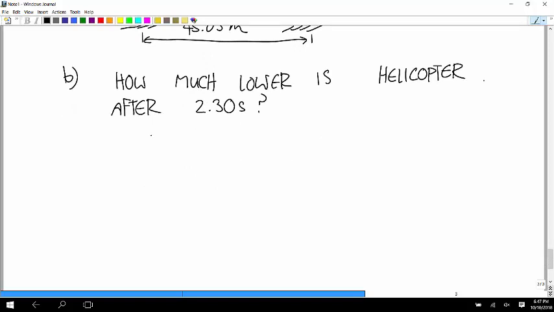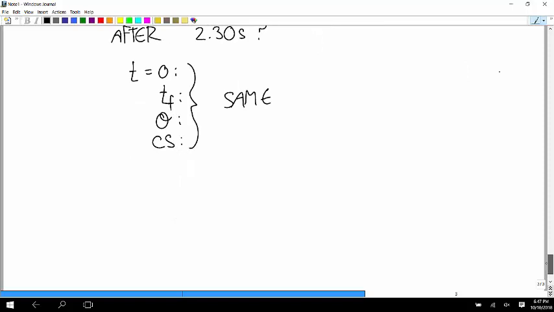Okay, well, for the time equals 0, the time final, the origin location, and the coordinate system, we can just keep all this stuff the same. There's no reason we have to change any of that. And so now we can think about what we know, what we want.